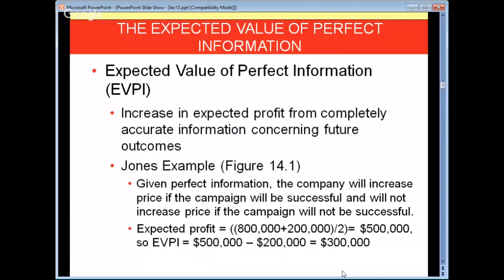And that is best case scenario. That's not the equation. The XG is the best case scenario. This is expected value of perfect information. But the whole equation is XG plus YN divided by 2. Expected value of perfect information. Oh, it's just wanting to know that.